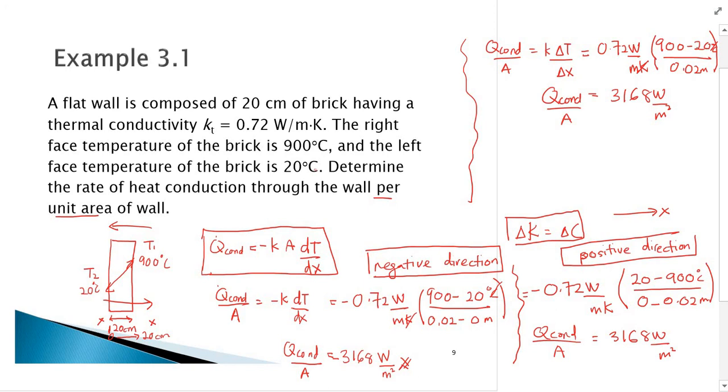Okay, 900 minus 20. Always take the high temperature minus the lowest temperature. And x is the length. So the length that you're interested in is 0.02 meter. So here you will get a positive answer. Q cond over area equals 3168 watt per meter squared.